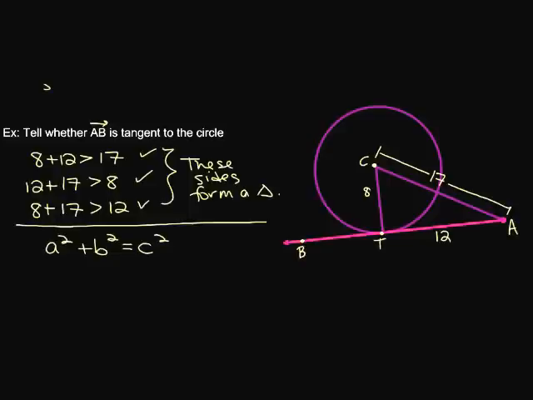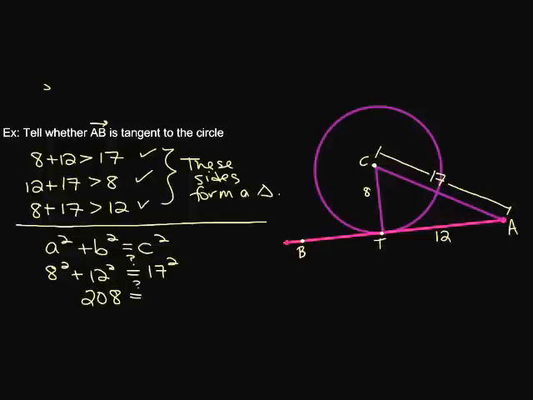We're just plugging in the side lengths. We have 8 squared plus 12 squared, and we are checking to see if that is equal to 17 squared. If you have a calculator in front of you, you can verify this with me: 8 squared plus 12 squared gives you 208.